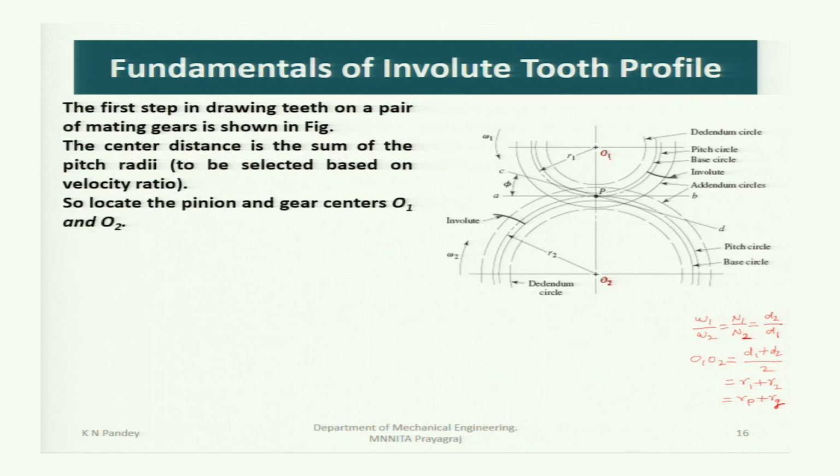So, locate the pinion and gear centers O1 and O2, then construct the pitch circles of radii R1 and R2. Now, the pitch circles are this one. This is the pitch circle which is passing through the pitch point. Well, it is represented here, pitch circle. And the pitch circle of the gear is this one.